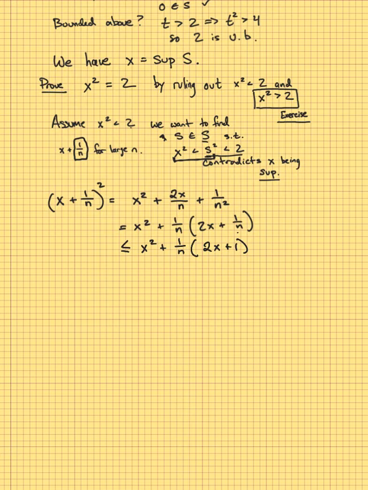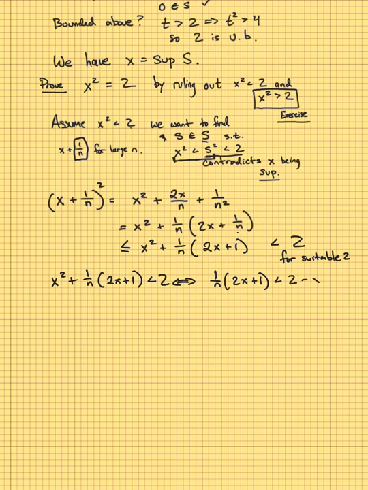Okay? And what you want is that, for suitable choice of n, this should be less than 2. Okay? And so what we know is that x squared plus 1 over n times 2x plus 1, if this is less than 2, well, this is the exact same thing as saying 1 over n times 2x plus 1 is less than 2 minus x squared.